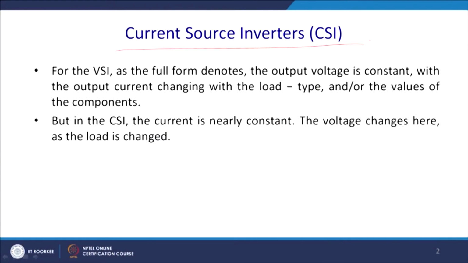But the problem is that we do not have a current source, we have a voltage source. For a voltage source inverter, as the full form denotes, the output voltage is constant while the output current changes with the load type or other component values. In a CSI it is just reversed: the current is nearly constant and the voltage will change according to the load.